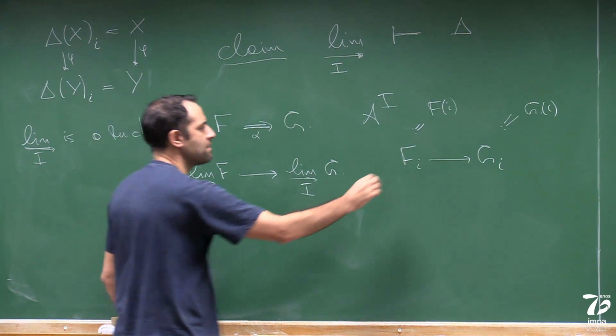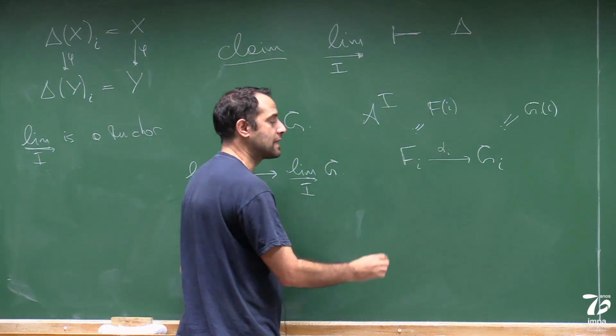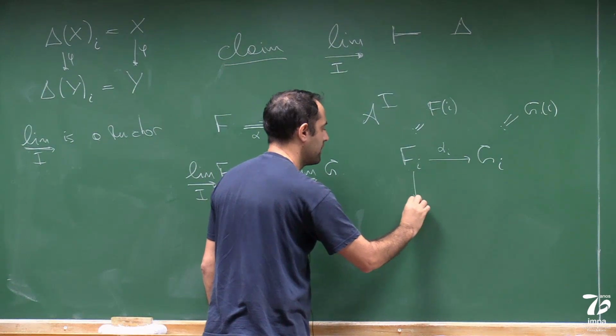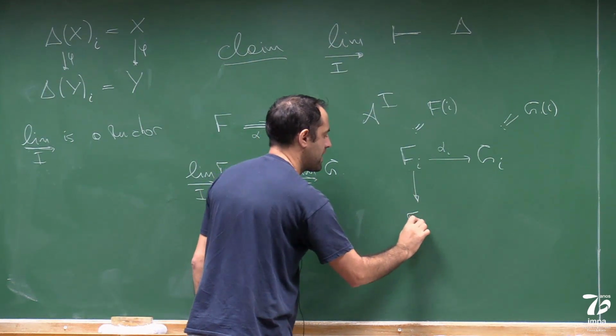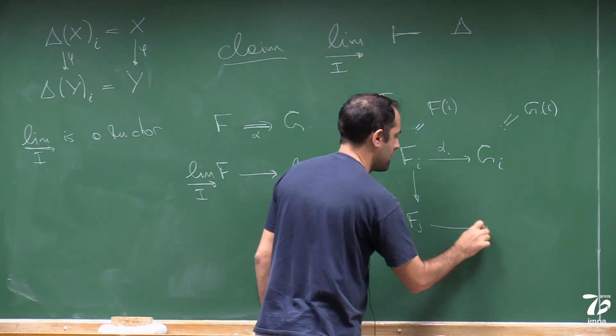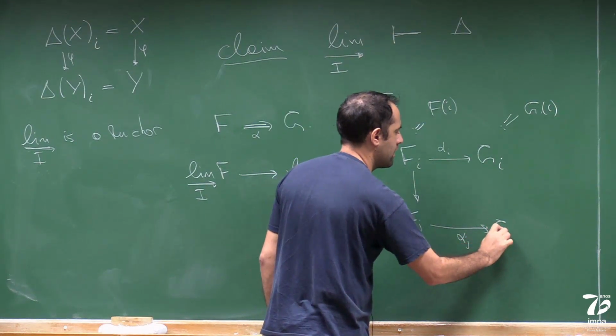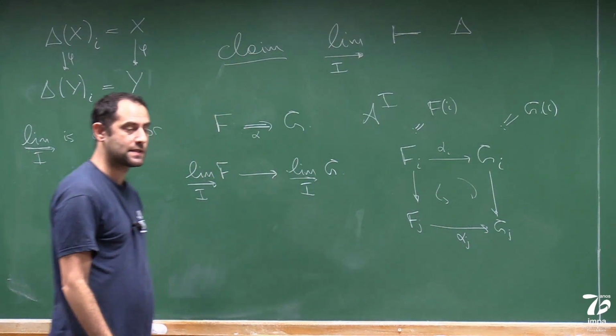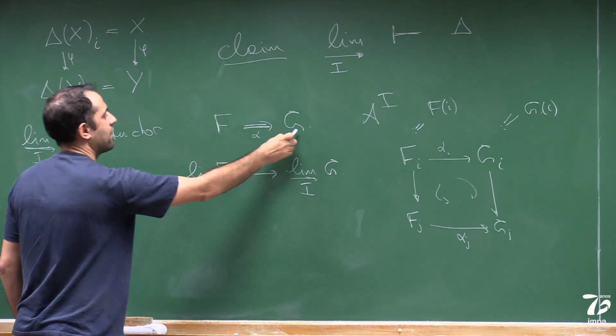So this is my alpha_i, in such a way that if I have a map from i to j in the category I, then I have my f_j, and I have my alpha_j and g_j, and this diagram commutes. So that's the datum, that's the alpha between f and g.